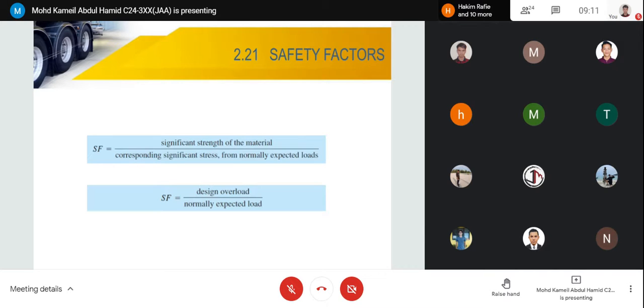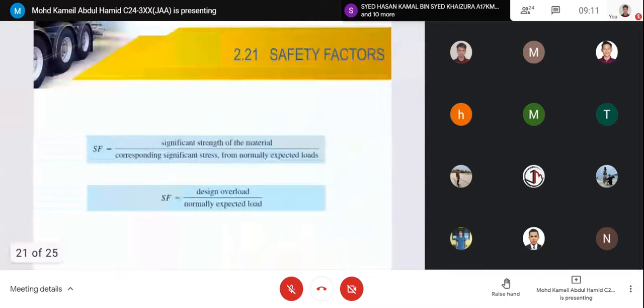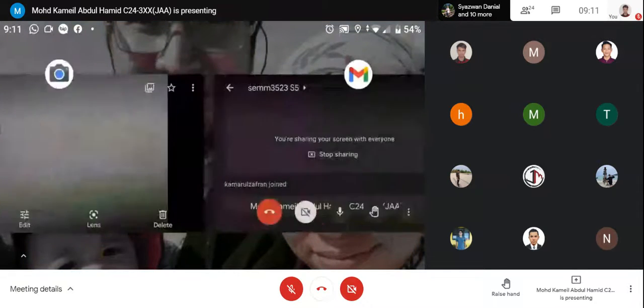In general, the safety factor is equal to the significant strength of the material, usually your SUT or SY value, the yield strength, divided by the corresponding significant stress, the total loading or stresses on the component.